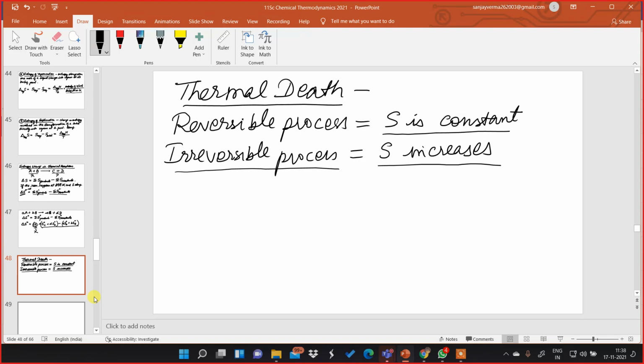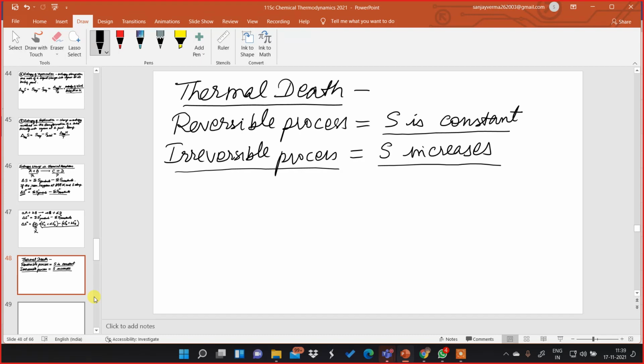With regard to thermal death, remember the entropy of the universe is increasing. As time goes by, a time might come when all the available energy is exhausted, and there is no useful energy left. At that time, all the activities will come to a standstill, and all the day-to-day affairs will correspond to what is known as thermal death of the inhabitants of the universe.